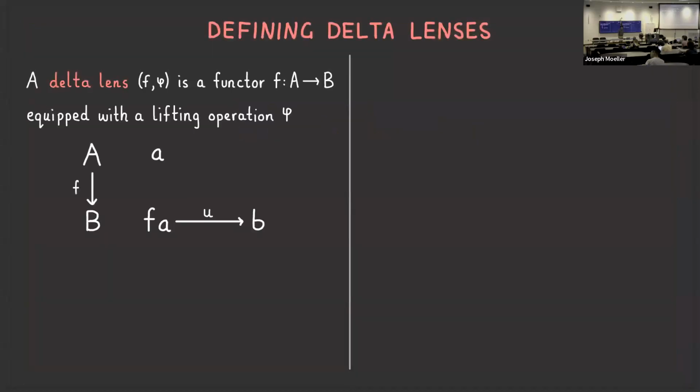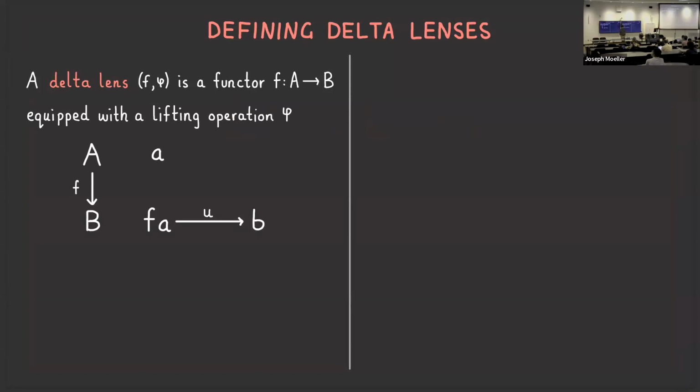Delta lenses. What is a delta lens? So I've sort of already said it a little bit. Here's a more concrete definition. A delta lens is a functor. Okay, so remember we're thinking of this as some kind of way of keeping 2 systems A and B in sync. And this functor is equipped with additional structure, and this additional structure is called a lifting operation. So the functor is giving us the forward part of the lens.